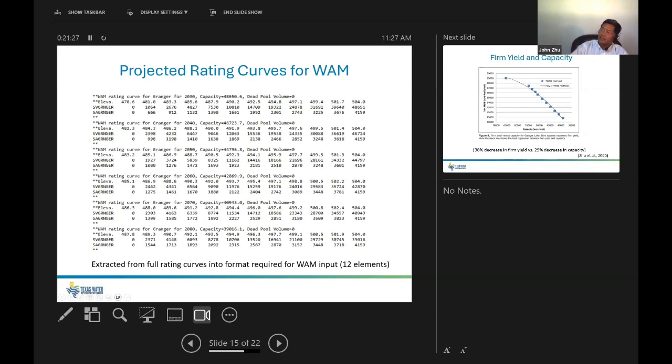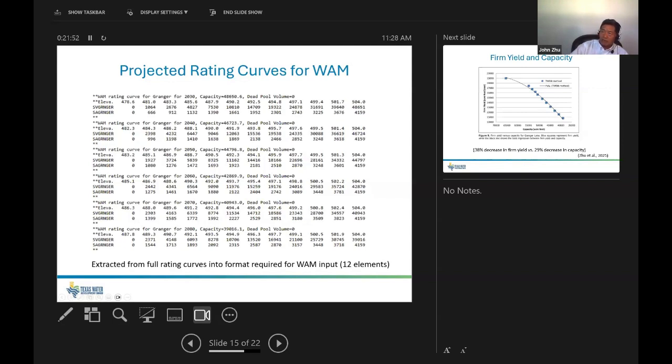And you can see at the top of the reservoir in 2030, that is 48,000 acre feet. And that's 46, 44, 42, 40, and then 39. So down to 2080, this reservoir will be much smaller. And the bottom elevation is going up.